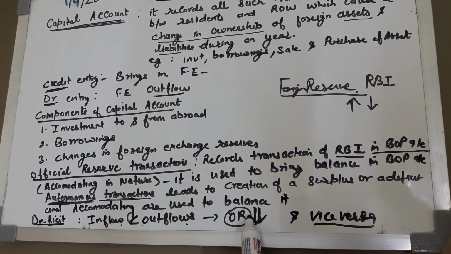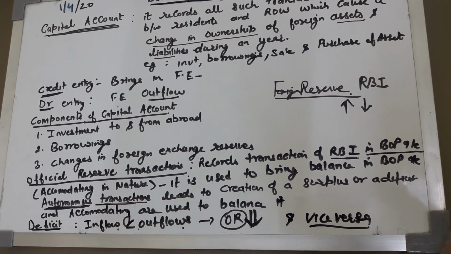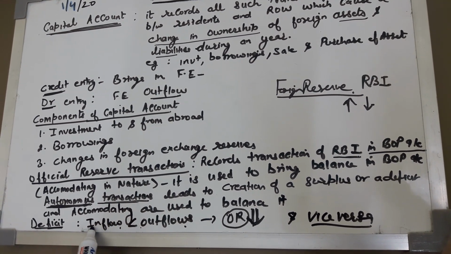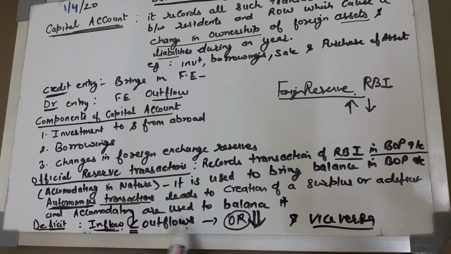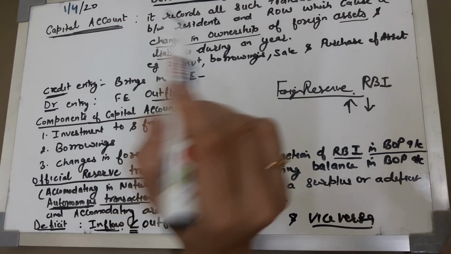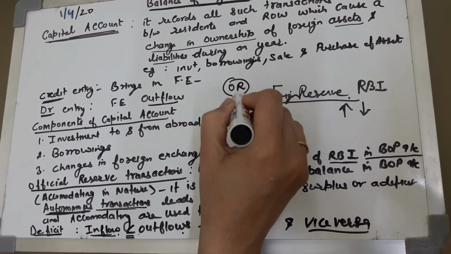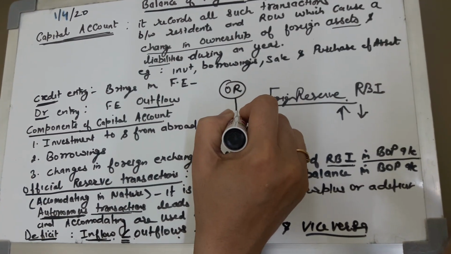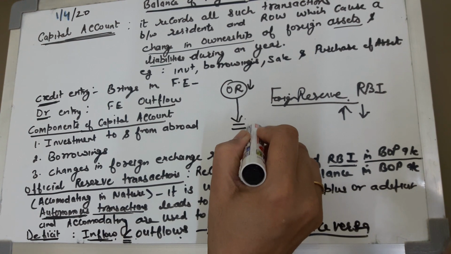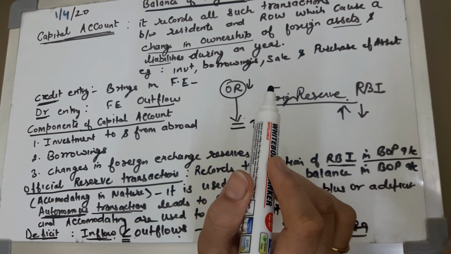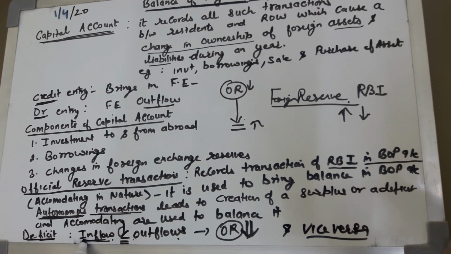Now, when I am withdrawing something from the reserve account, that means this inflow will increase and will become equal to outflow. For example, you have a reserve here. This is called official reserve. When I am withdrawing here, then this is going down, but the money here is increasing. Is it clear?